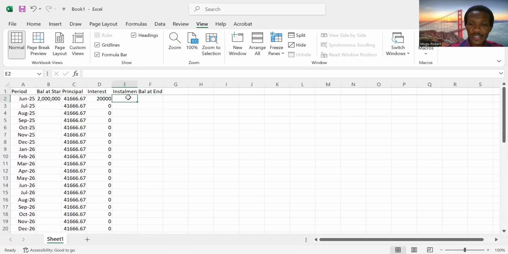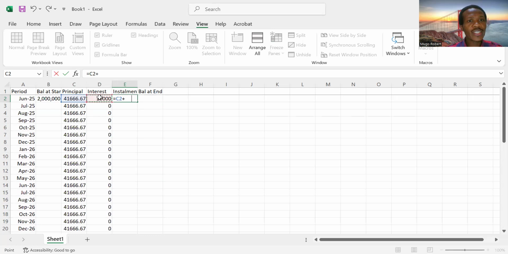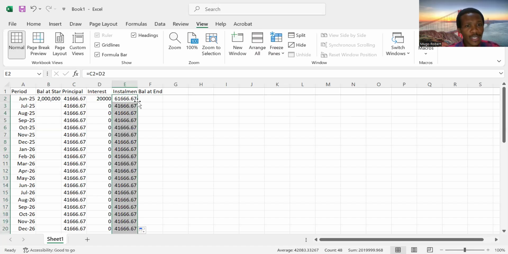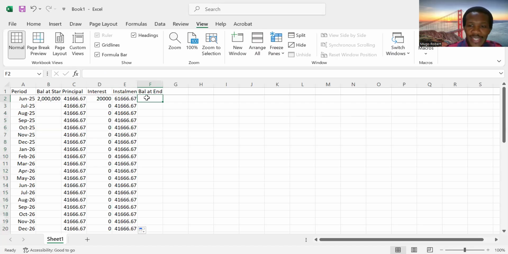The installment will be the principal plus the interest. The first month you can see 61,666. I can also double click this to fill the entire column. The balance at the end is the balance at the start minus the principal that you have paid.